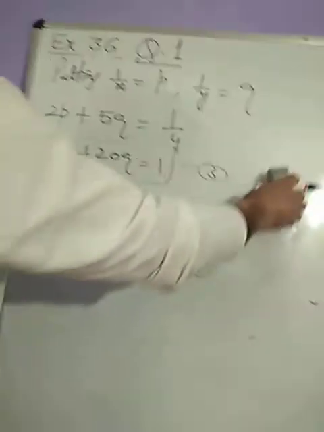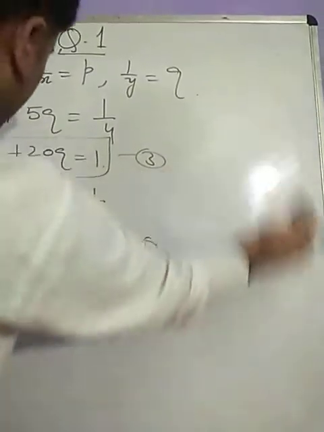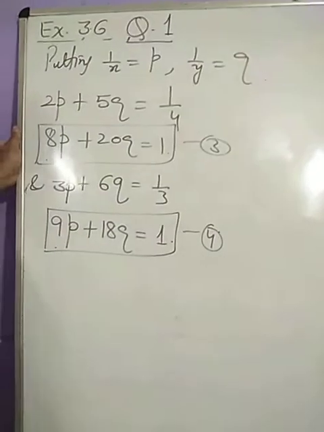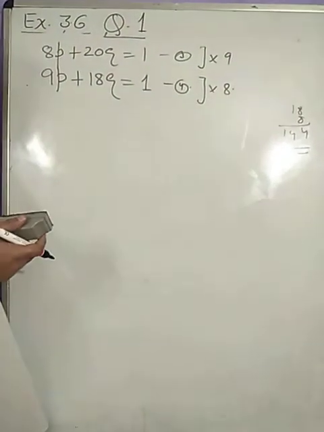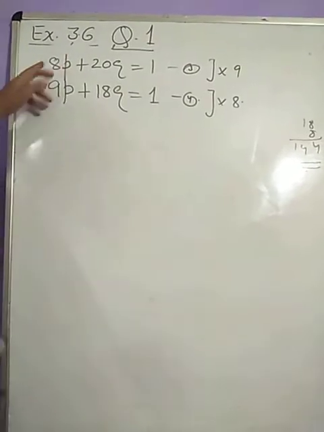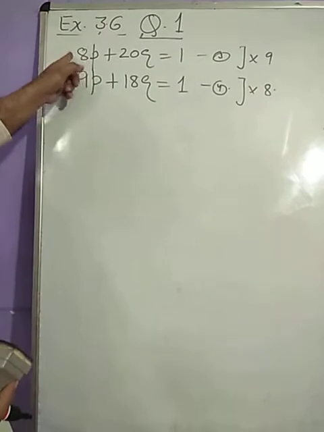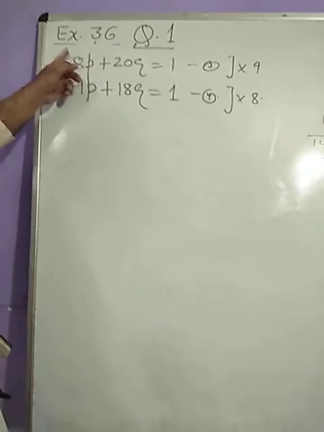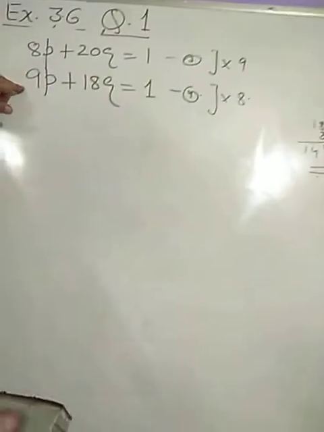The method is up to you to decide: substitution method, elimination method, cross multiplication method. Now I'm applying the elimination method. I'm focusing on this P term. Its coefficient is 8 and here 9. 8 and 9, LCM 72. Let's multiply this by 9 and this by 8.